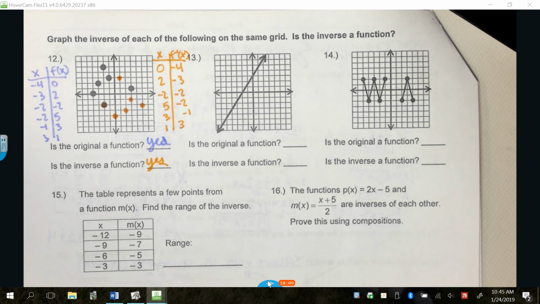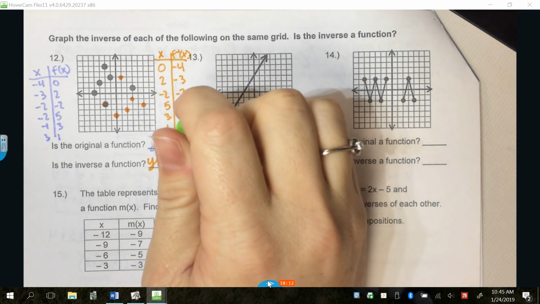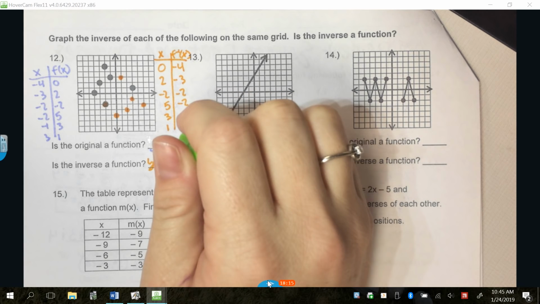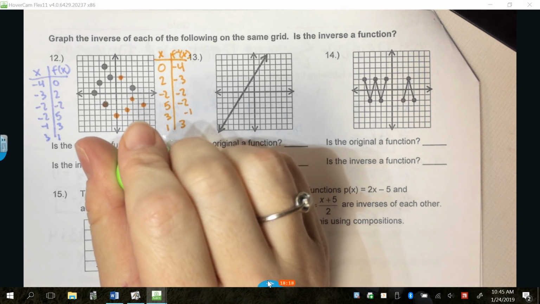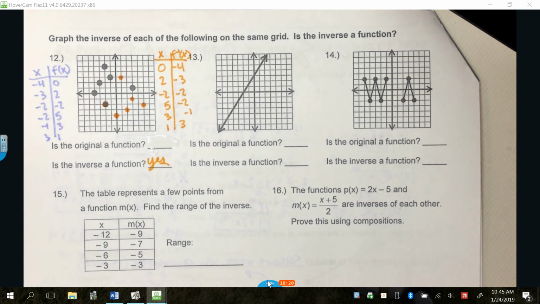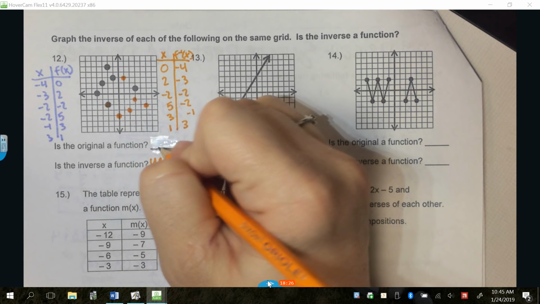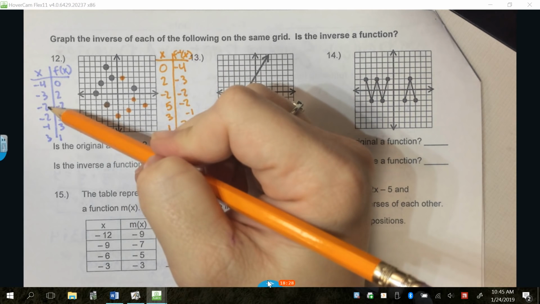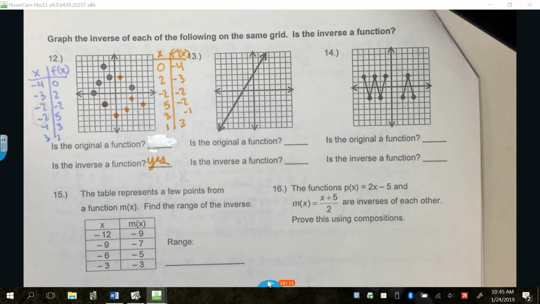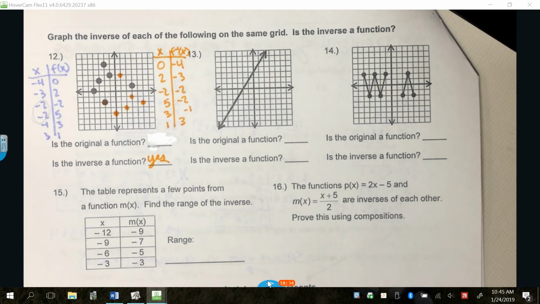My bad, I caught my mistake at least. The original is not a function because x repeats right here. So it's not a function. Sorry about that. Is the original a function? No.